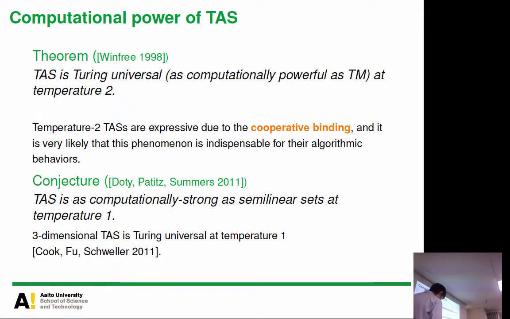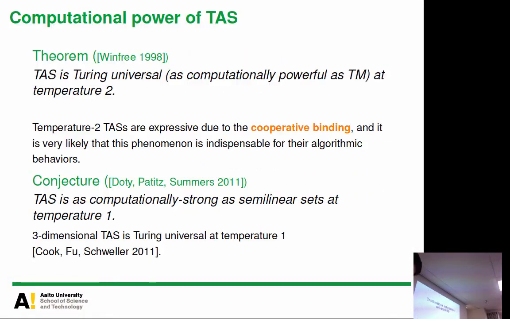Then, one interesting result about this conjecture is the following. Instead of thinking about 2-dimensional tile assembly systems, people also think about three-dimensional tile assembly systems in which we consider not tiles but cubes. Cubes get together and pile up like Legos. And in this case, a temperature 1 system is already Turing universal.